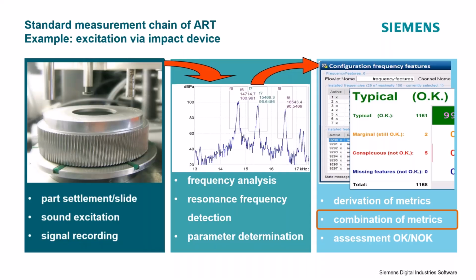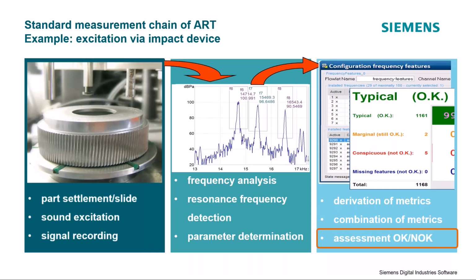They are like a fingerprint. And now the case may occur that two of them only shift a little bit, but in the opposite direction. And this may enable you to see that something is wrong, because normally they shift in the same direction. And the combination of metrics, meaning difference or ratio, may enable you to even sort out smaller defects.